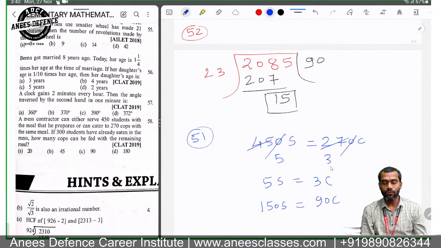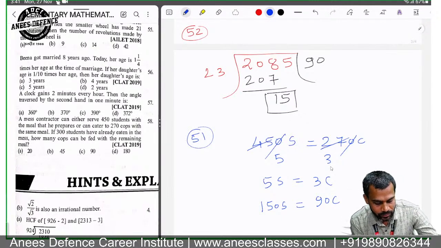So the food left for 150 students is equivalent to 90 cops. So the answer is 90. Have you understood? Yes, online students? Shall we move ahead?